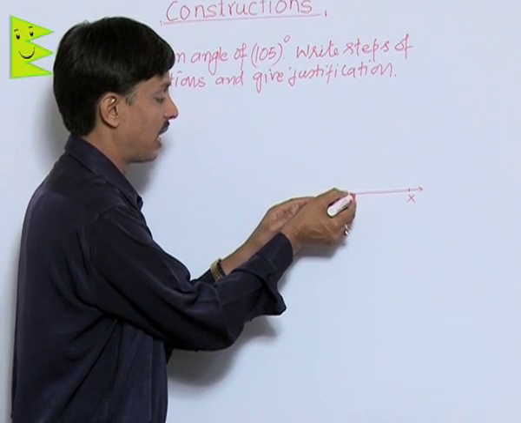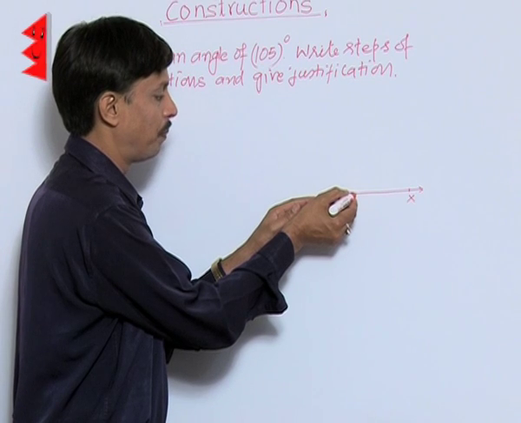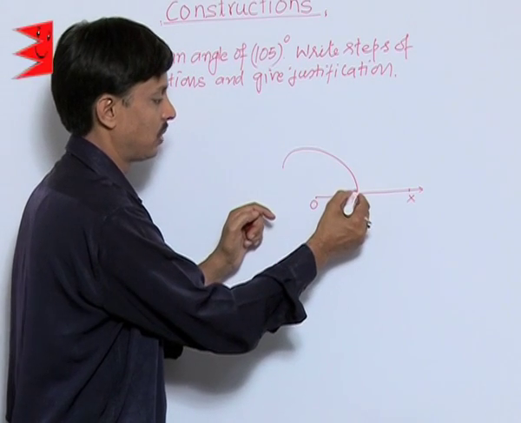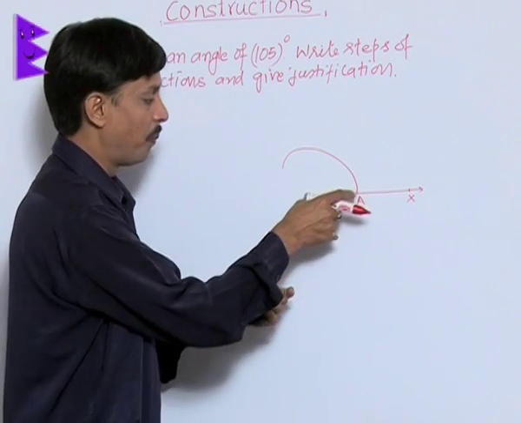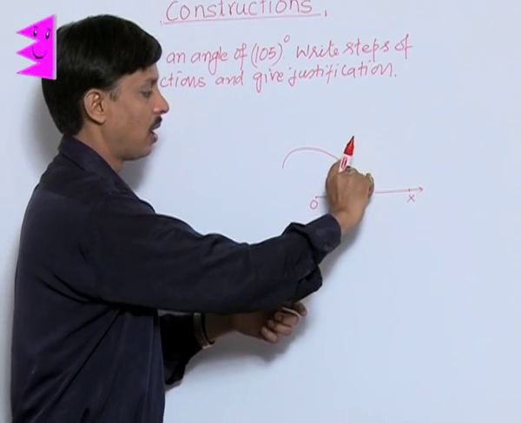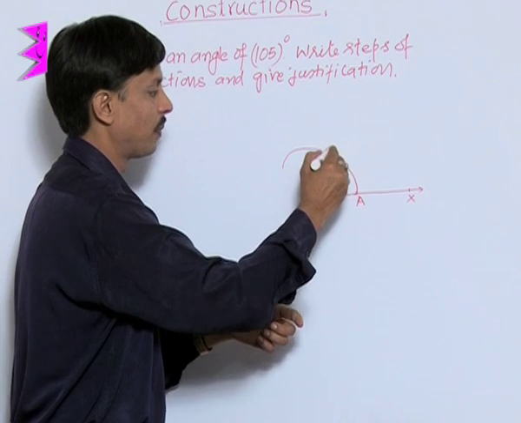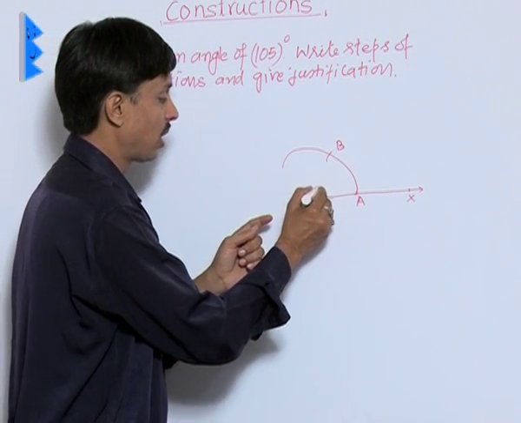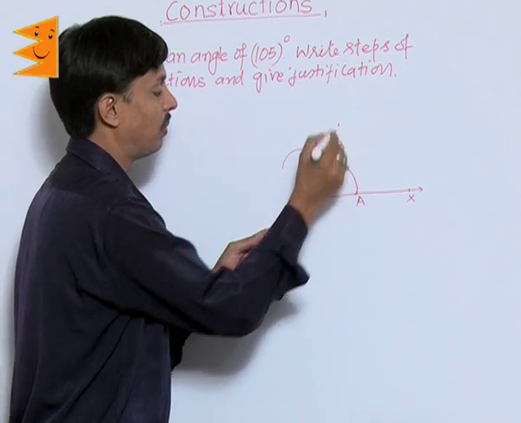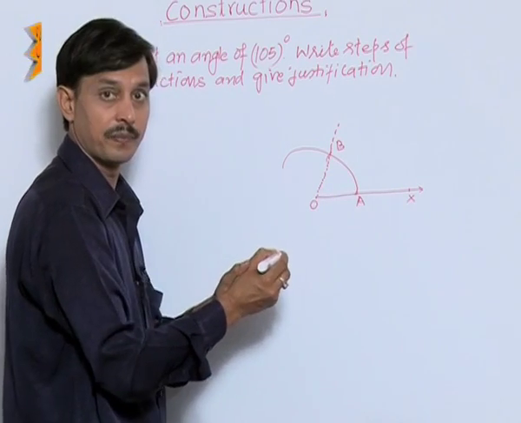Mark an arc starts from the base ray like this. This is point A. Now without changing this radius, mark another arc. Suppose this is B. So what you can conclude that this angle will be of 60 degree.